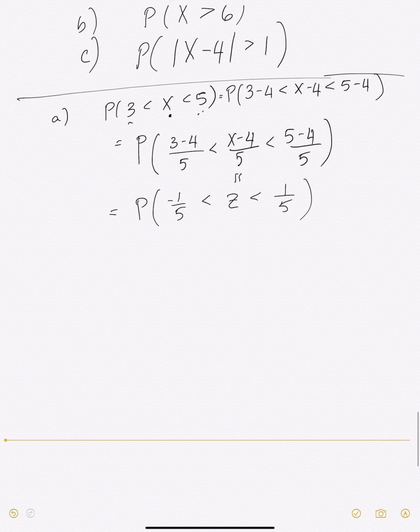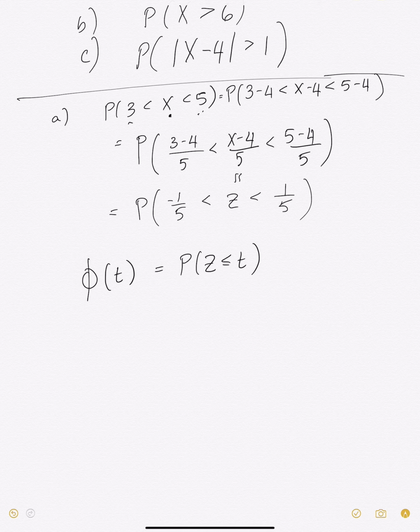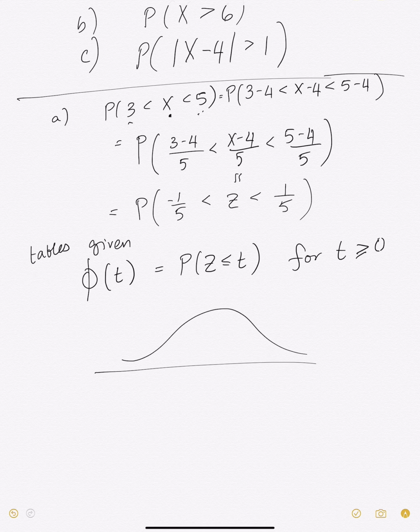Now in the tables, what we have is phi of t. What is phi of t? In the tables in the book, you're given phi of t, and this is just the CDF. That's the probability that Z is less than or equal to t. And in the book, we're only given these values for t bigger than or equal to 0. So let's see.